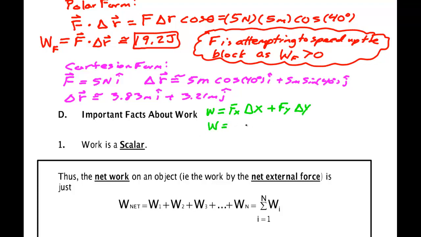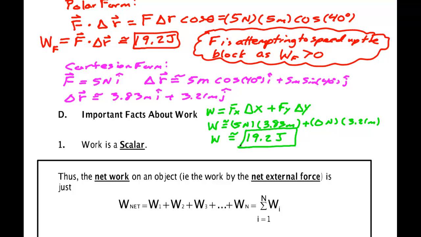So W would be equal to 5 newtons times 3.83 meters plus 0 newtons in the y times 3.21 meters. And when you plug that in, you find that it's 19.2 joules, just as you did with the polar form.